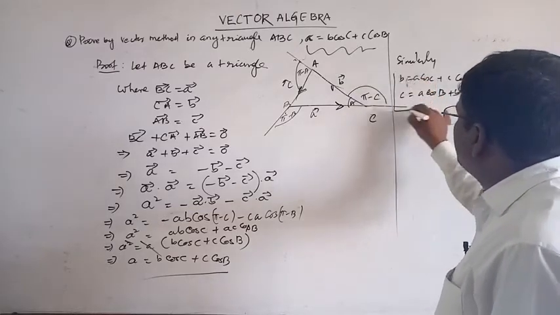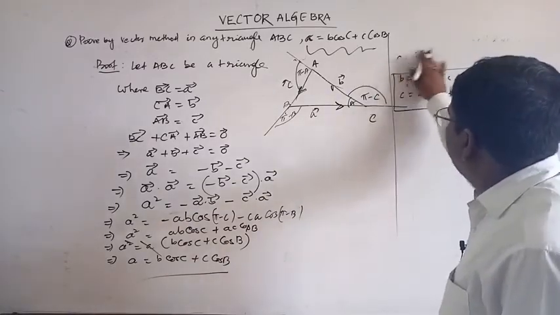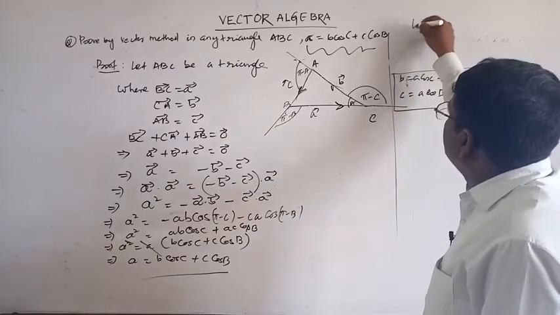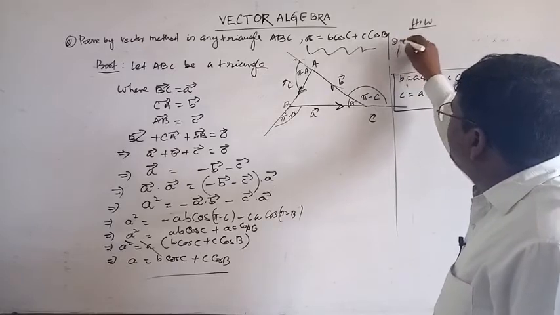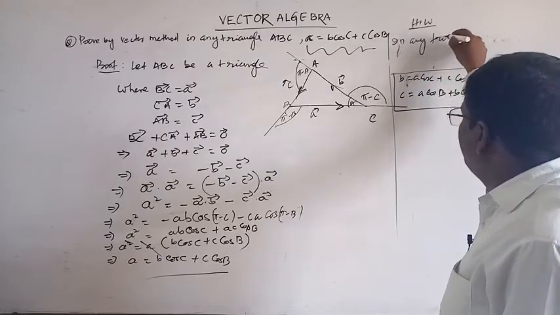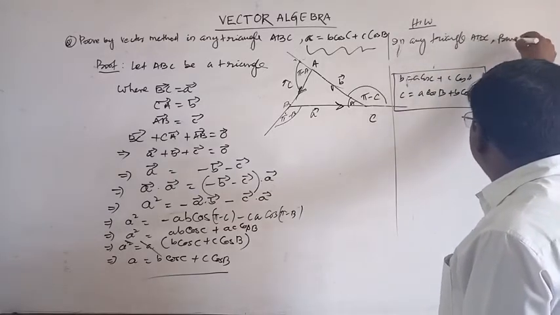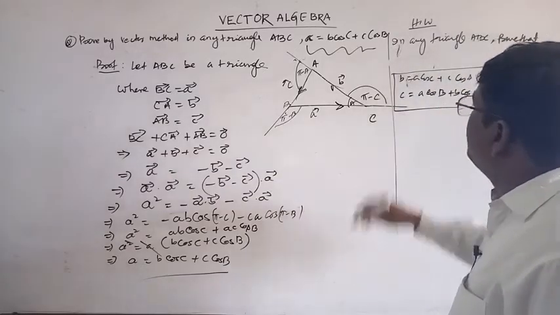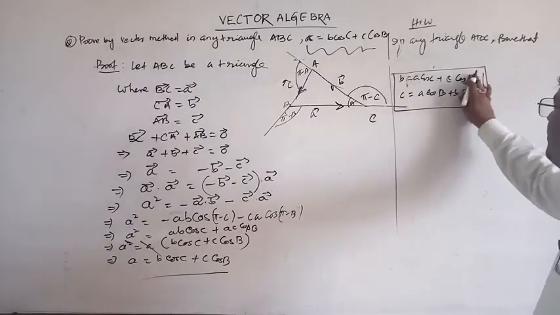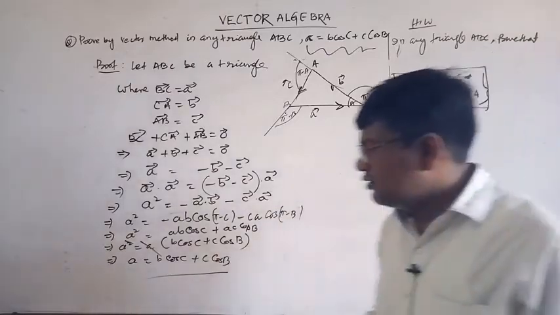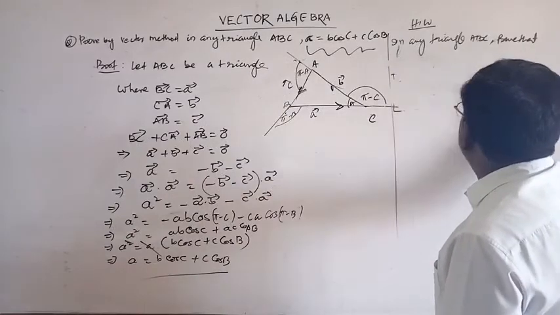The question may be like this also, and this is homework. In any triangle ABC, prove that B is equal to A cos C plus C cos A. This is homework for you.